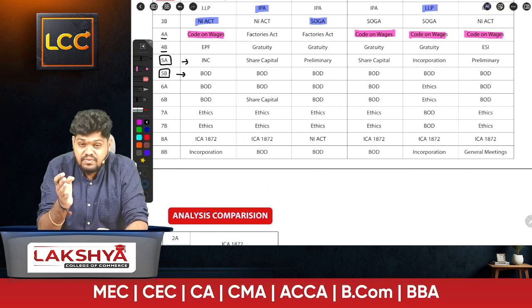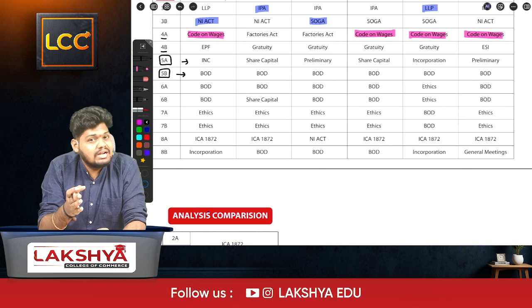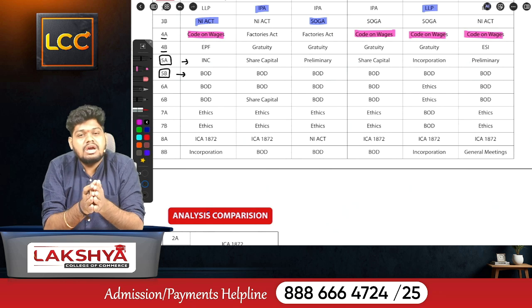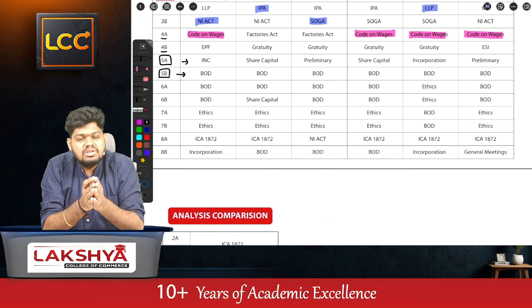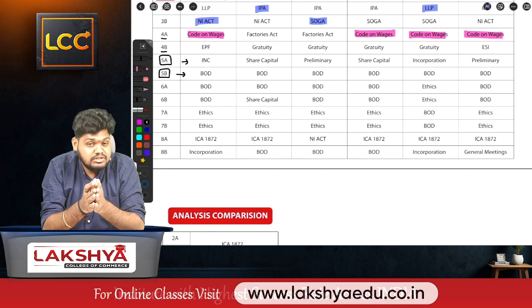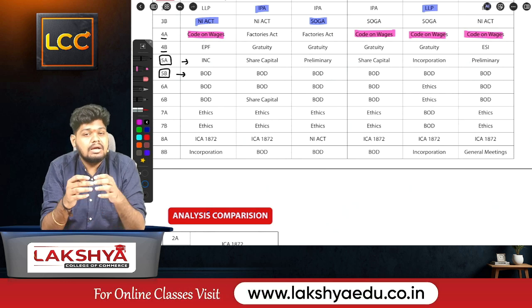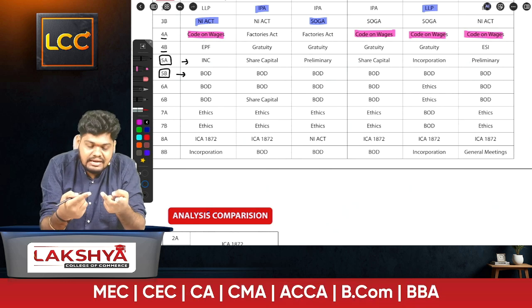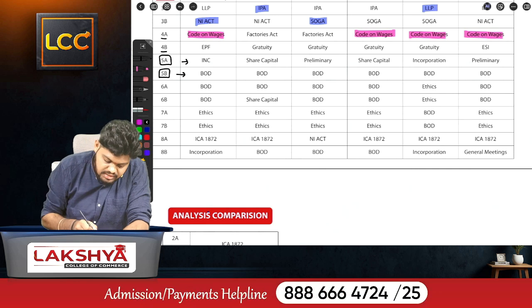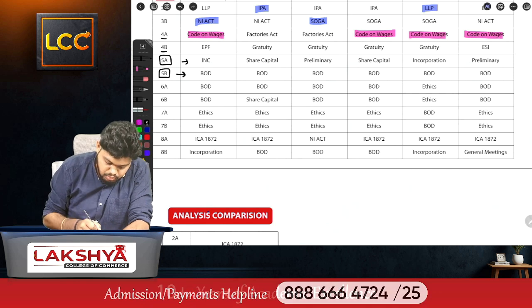Board of directors is a very value-added topic for you, which comprises very few sections, but has been coming for 22 to 25 marks in your exam, which is very important for getting a rank, aggregate, or even to pass CMA Inter paper 5. So 5B has always been board of directors.